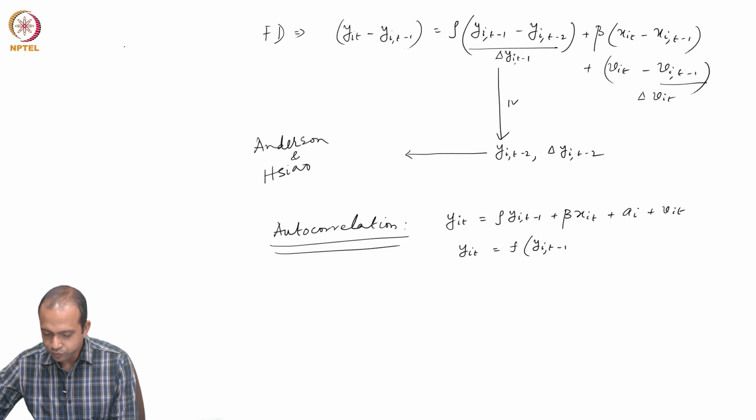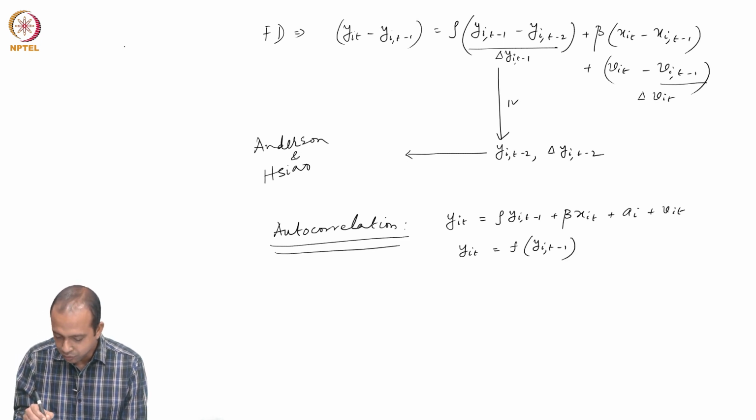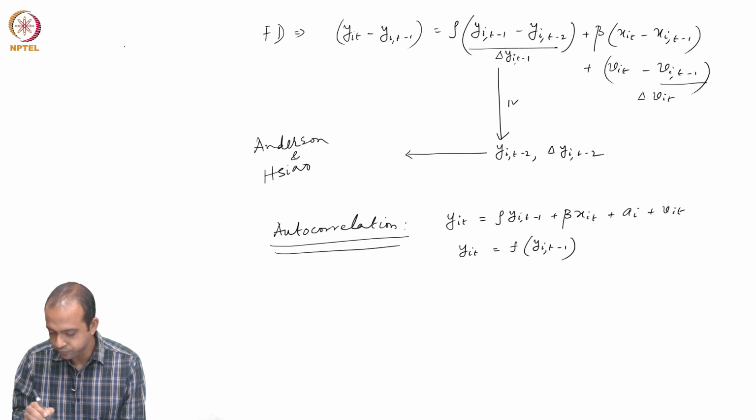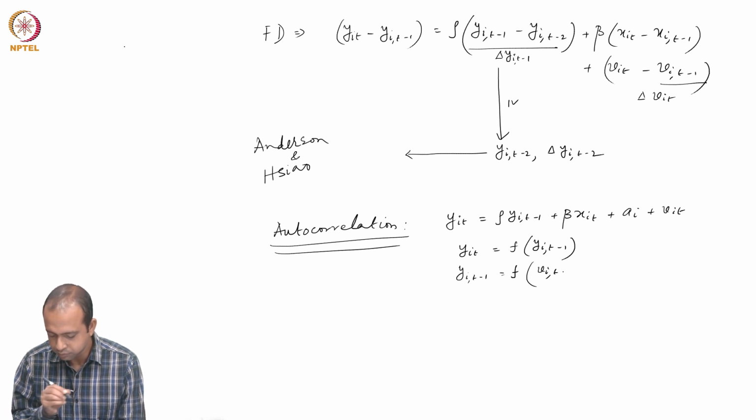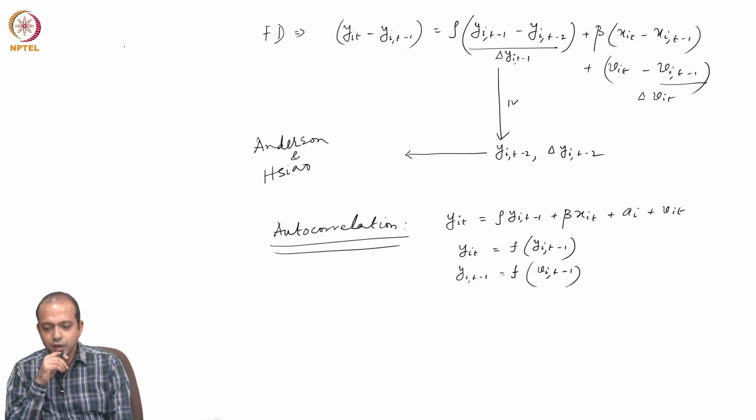So, from this I can write that YIT is also a function of VIT minus 1. YIT is already a function of VIT, right.